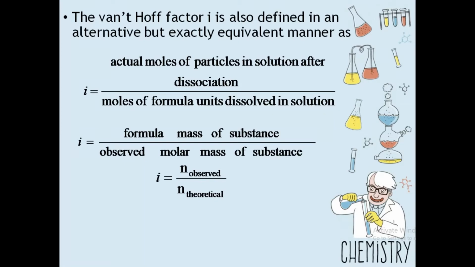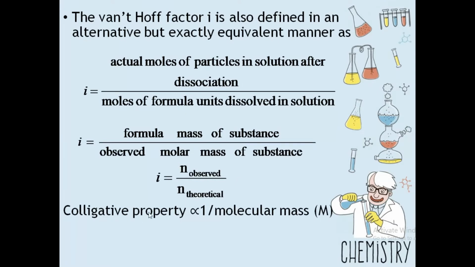which we can also say that i is equal to number of moles observed, means this is for electrolyte observed, and number of moles of a solute of non-electrolyte solute, means this is the theoretical value. So i is equal to number of moles observed and number of moles theoretical.